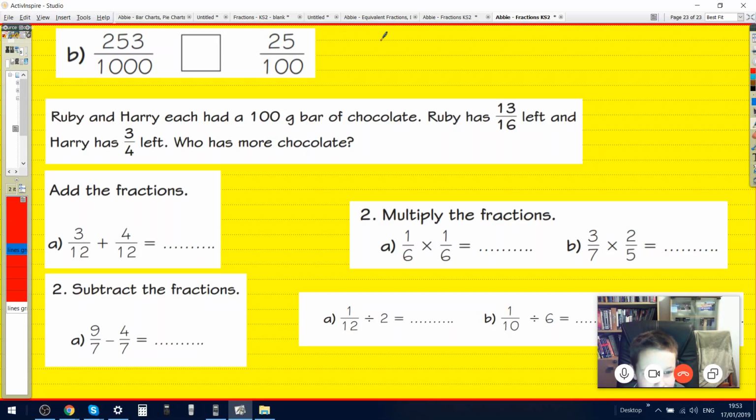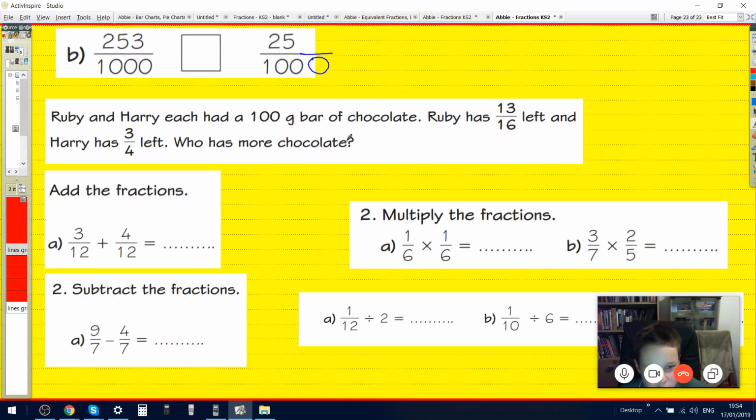So you're not trying to simplify them down. You're trying to see what's the common denominator. The common denominator is 1,000. So you need to turn 100 into 1,000, and you can do that by just adding on a 0.